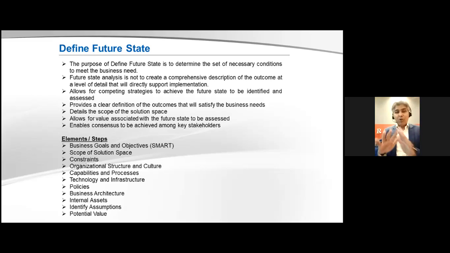All these approaches should be put in front of the business users to choose from. We don't have to find the solution, we have to find the different ways of solving that problem. That's defining the future state.